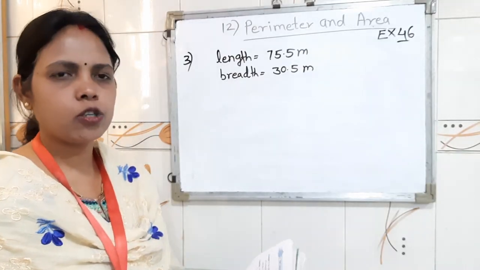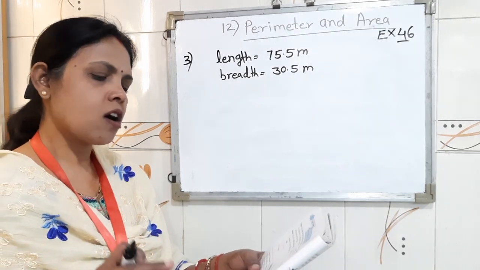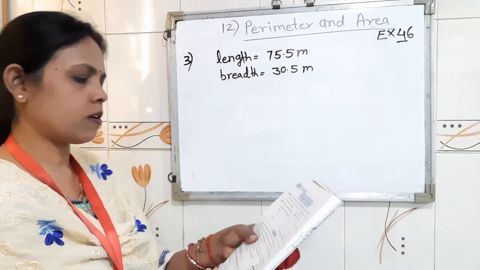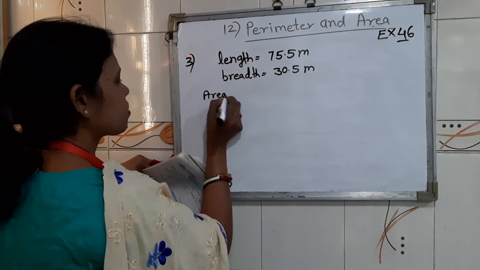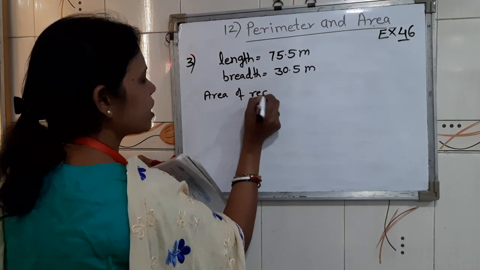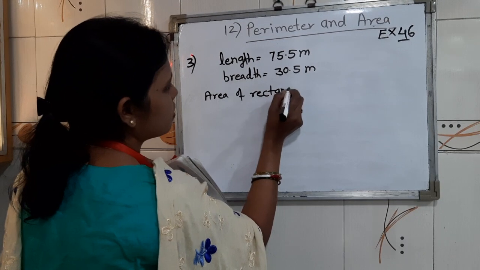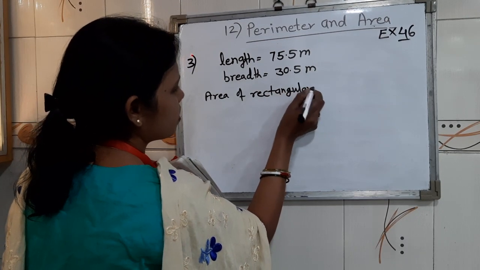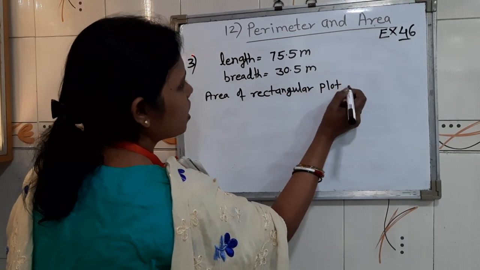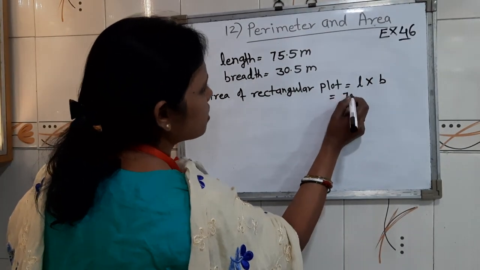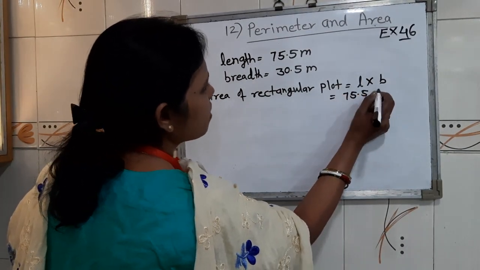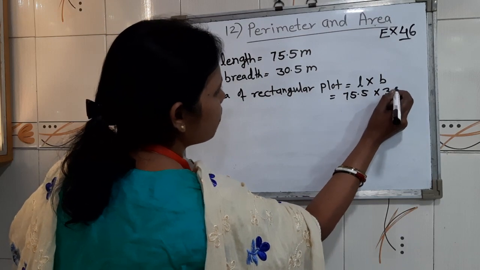Easily we are going to find out area of rectangular plot. Therefore write down area of rectangular plot equal to length into breadth. Length 75.5, breadth 30.5.